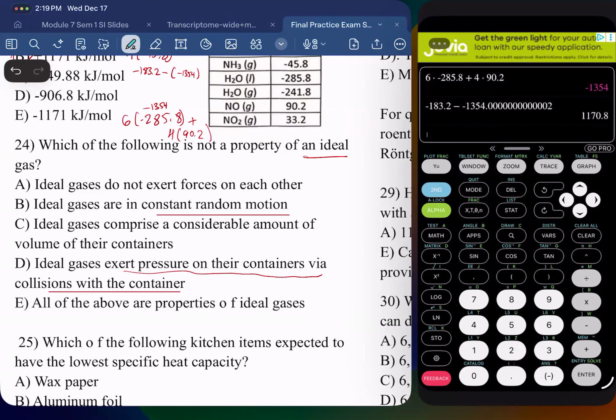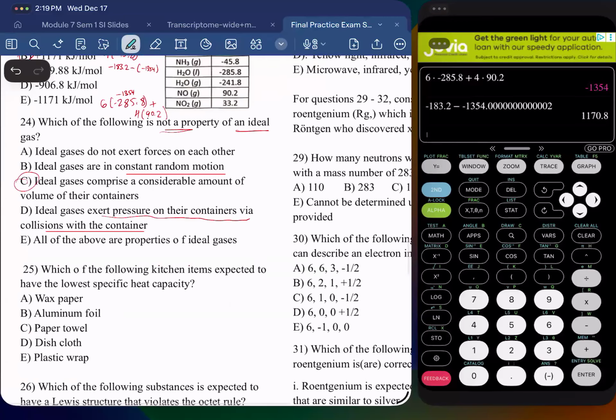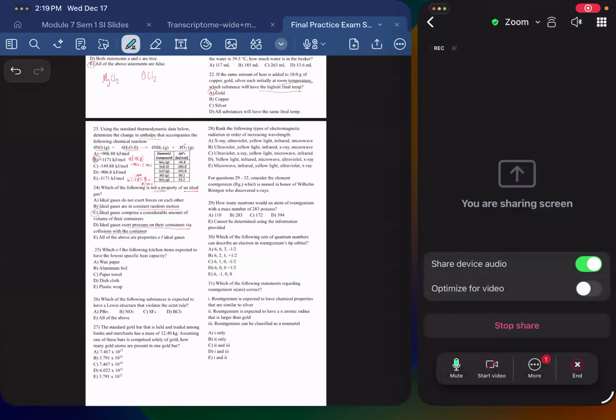So the correct answer for this, because this is the one that is not true, would be C. This is basically a concept question. And so if you're having some trouble with this, I definitely say to check out the kinetic molecular theory and just make sure you have those ideas in mind. Okay. Are there other questions?